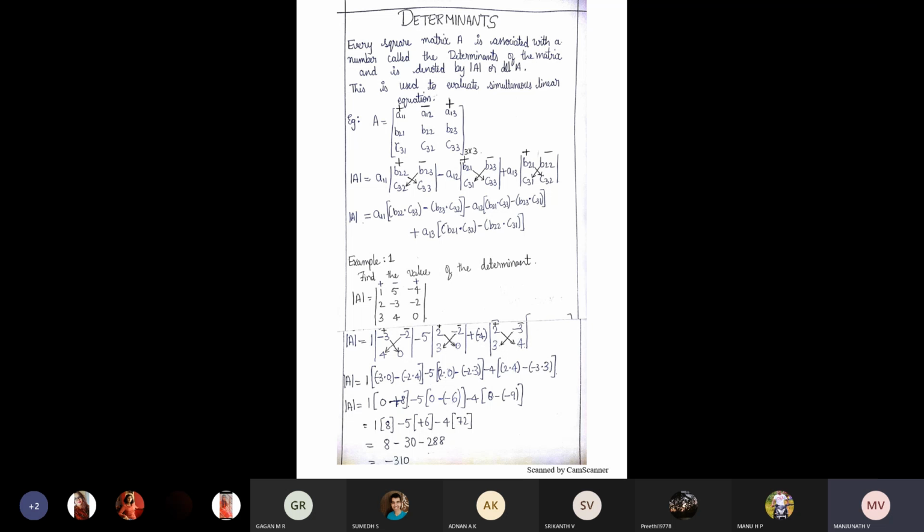If you suppress first row and second column, you are left with B21, B23, C31 and C33.